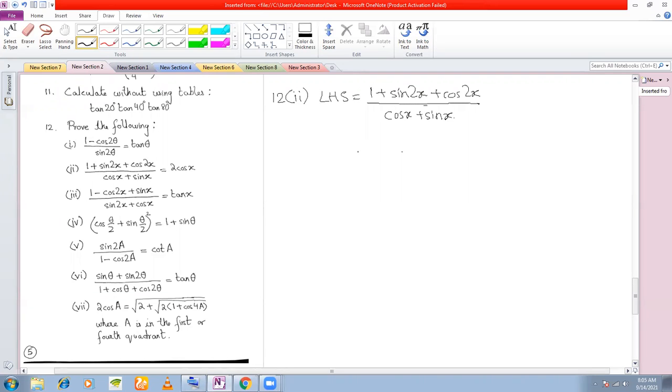Now in the numerator, if you see, you have multiple angles 2x. So you have sin 2x and cos 2x. Convert all of them to sin x and cos x.